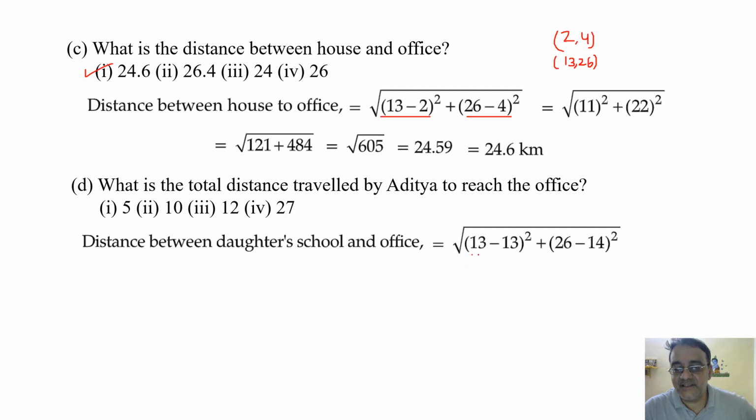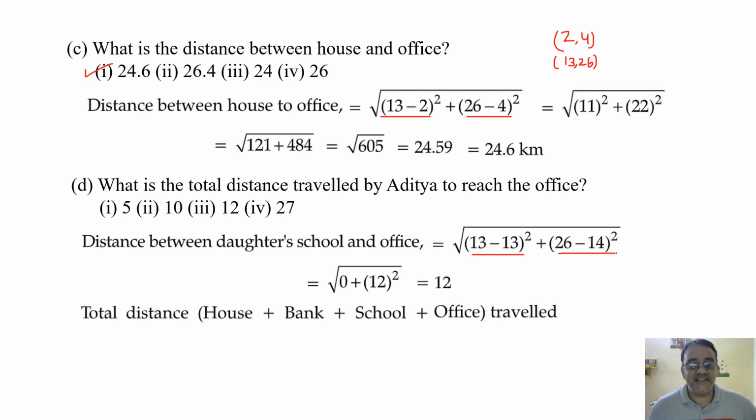So 13 minus 13 whole square, 26 minus 14 whole square, that is 0 plus 12 square, 12. ठीक है, सो टोटल डिस्टेंस इज इक्वल टू हाउस प्लस बैंक प्लस स्कूल प्लस ऑफिस ट्रैवल्ड. सो हाउस से बैंक था 5, बैंक टू स्कूल था 10 एंड स्कूल टू ऑफिस हो गया 12. So that is 27 kilometer, and the correct option is the fourth one.